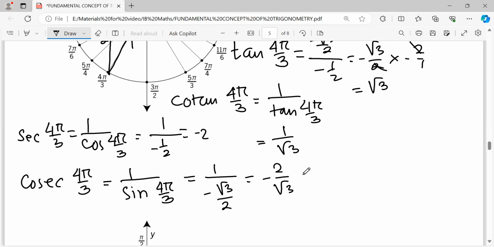Okay, negative 2 over square root 3. Then it becomes negative 2 thirds square root 3.